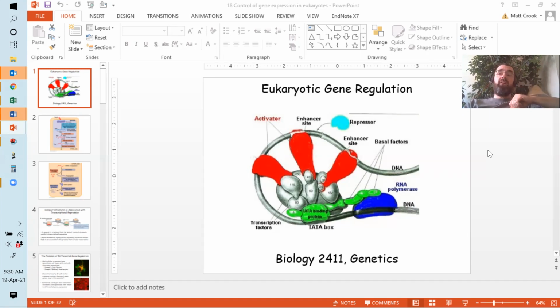So if you interfere with any of that, the ribosome is not going to assemble, right? And so you can actually control the amount of translation by controlling the initiation of translation as well.